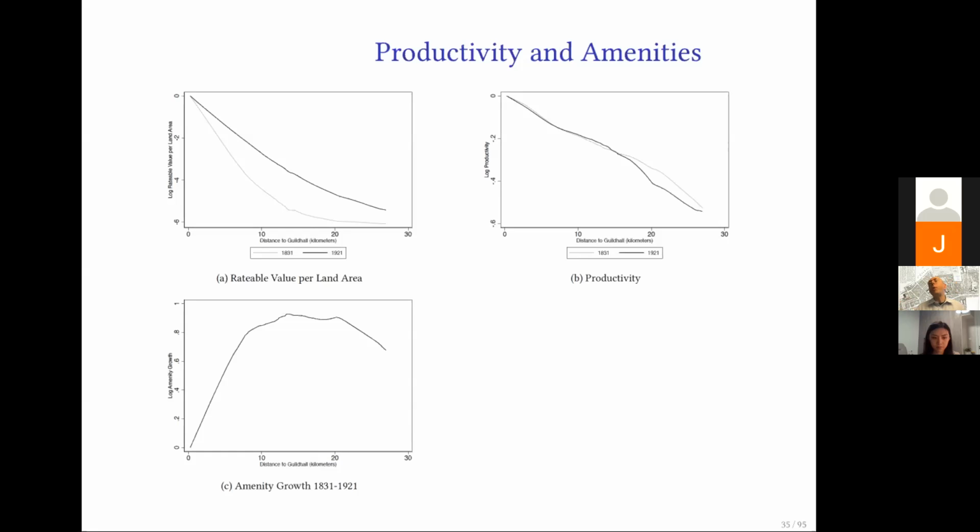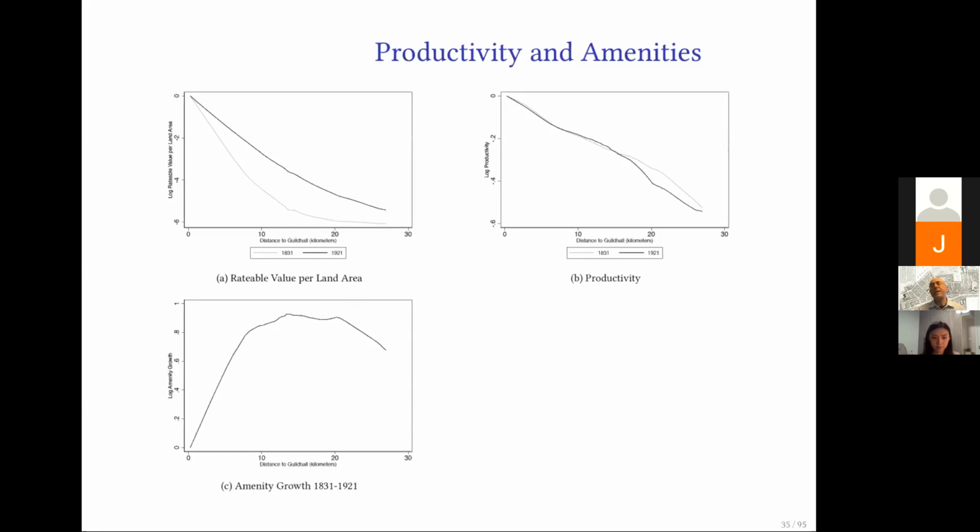But the growth in population we see in the data is too big to be fully explained by the improvement in commuting market access in the model. And so the way the model explains that is in terms of changes in amenities. In other words, these changes in amenities are being backed out as a residual that rationalizes the observed data as an equilibrium of the model.